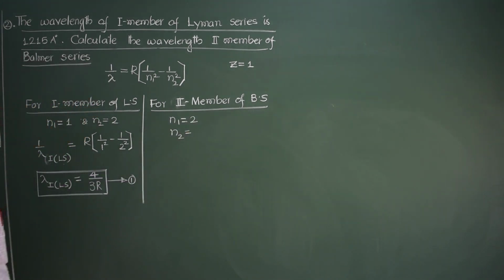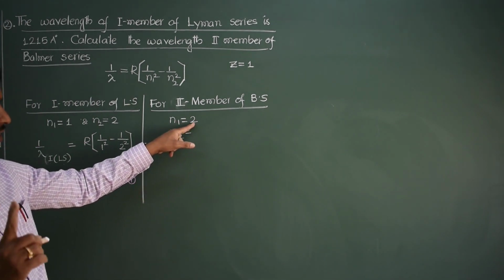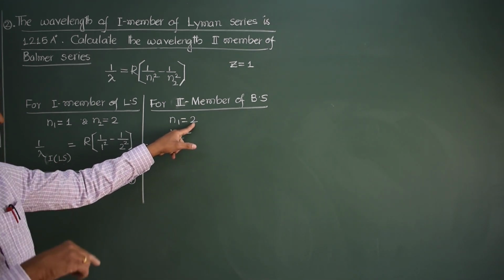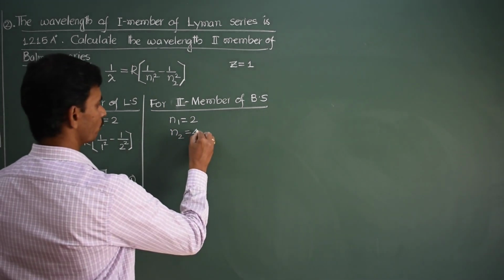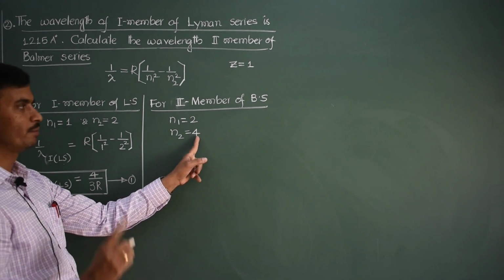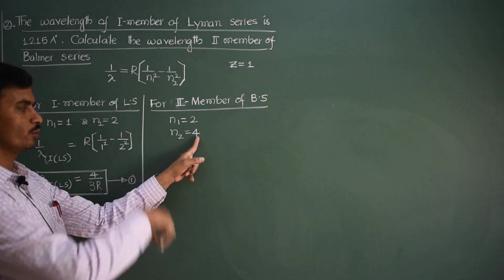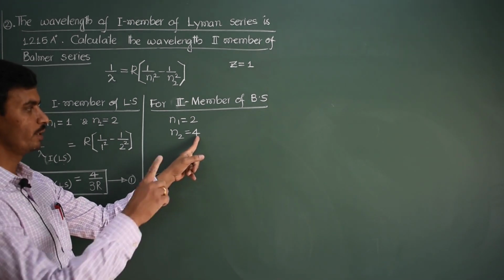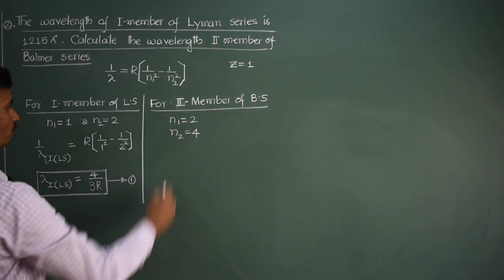For the first member of the Balmer series, the transition is between 3 and 2. For the second member, the transition is between 4 and 2. Therefore, n2 should be 4. If you had taken n2 to be 3, it would be the first member. Between 4 to 2 it is the second member. Similarly, 5 to 2 will be the third member, 6 to 2 will be the fourth member. So here, for the second member, it is between 4 to 2.